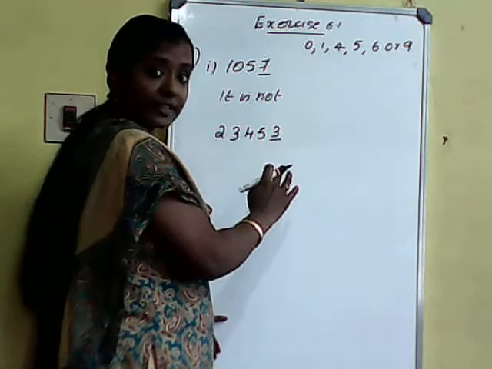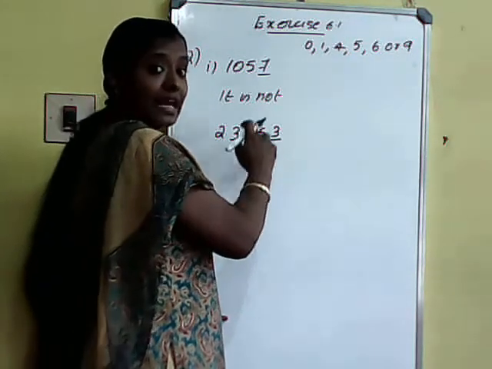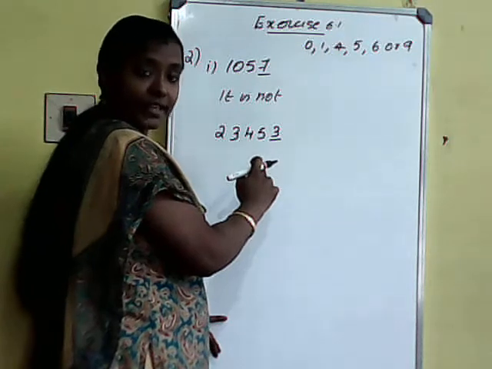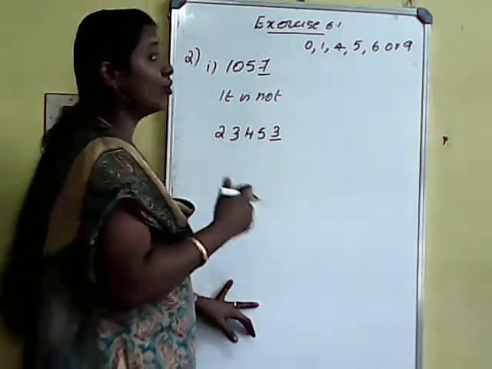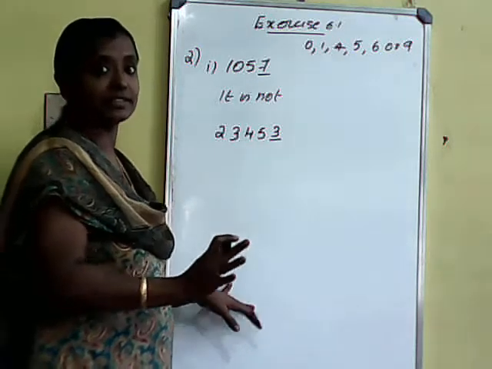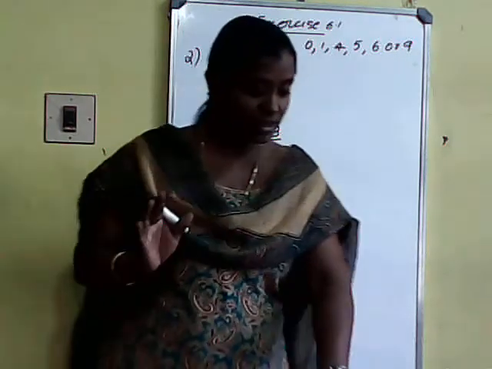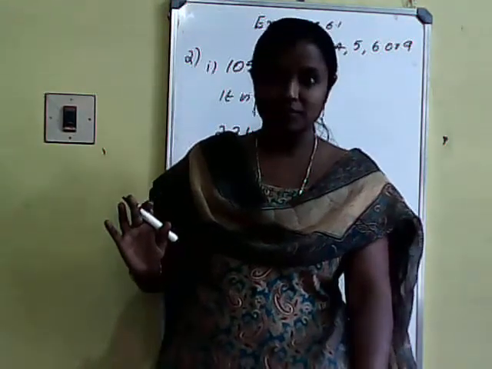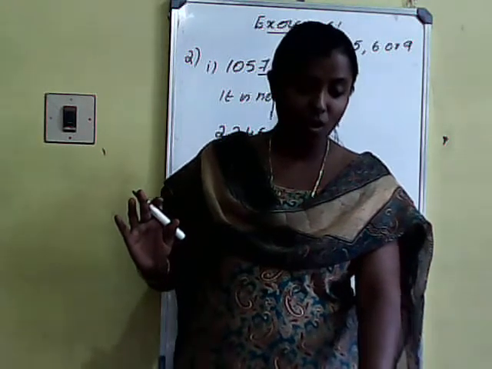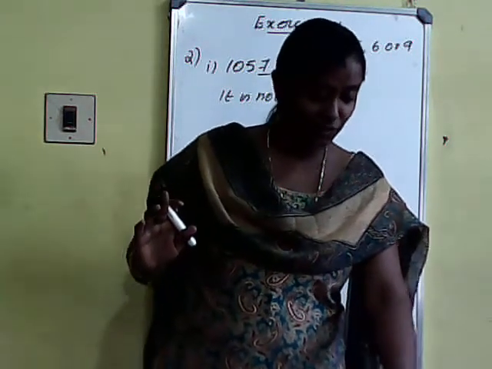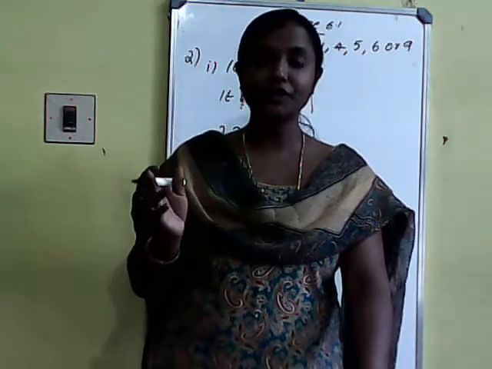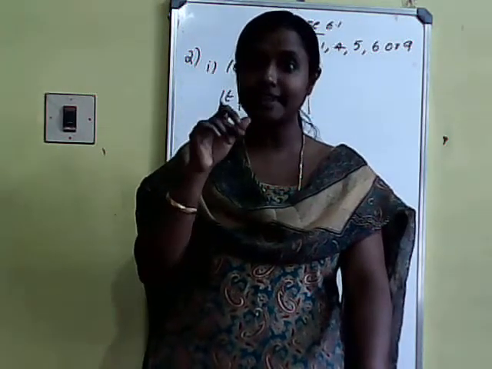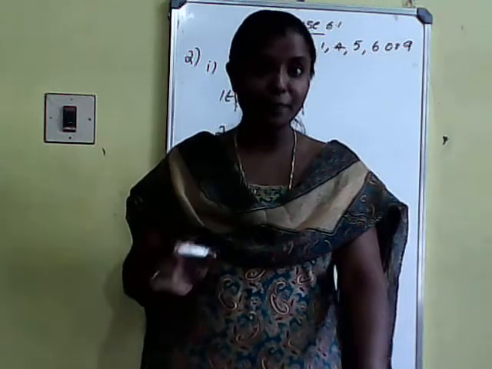It is not a perfect square because this number ends in 3 at its units place, whereas square numbers end in 0, 1, 4, 5, 6 or 9. This is the same reason given for all the problems. Then the next one, the third problem, is 7928. In the units place it is 8, so again it is not a perfect square.